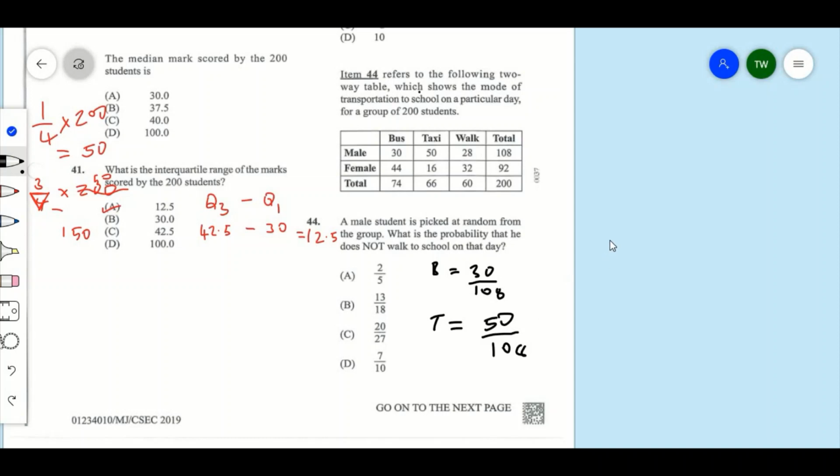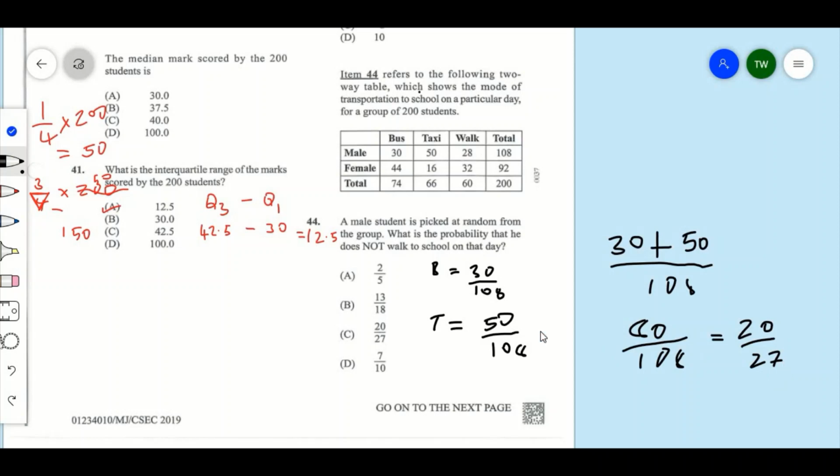So it's going to be 30 plus 50 all over 108, and 30 plus 50, that's going to give us 80 over 108, and 80 over 108, when you reduce this, is just going to give you 20 out of 27.